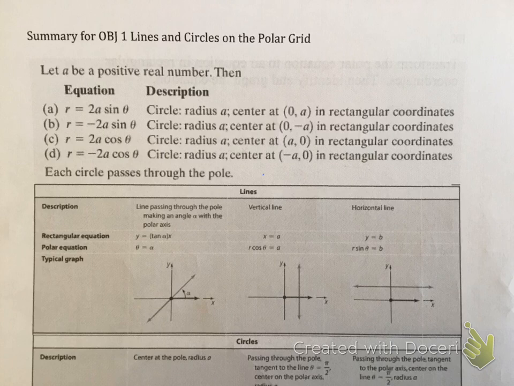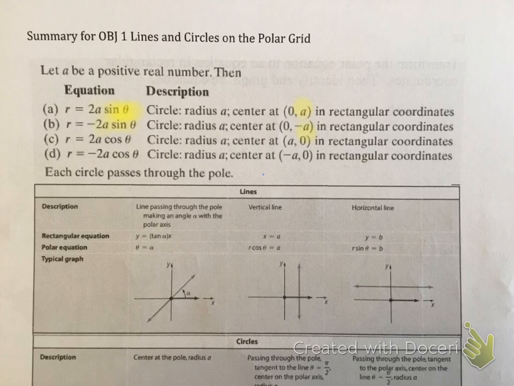Part B, r equals negative 2a sine theta. If it was negative 10, divide by 2 and you get 5, but it's negative. So this results in a circle with radius a and center 0, negative a. Notice that the y values get affected.